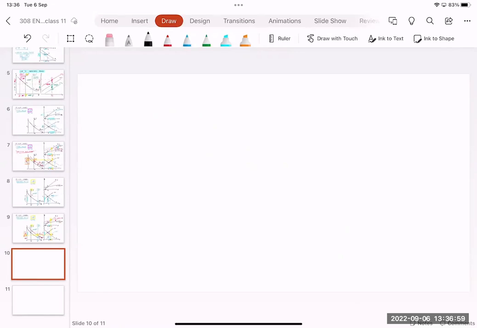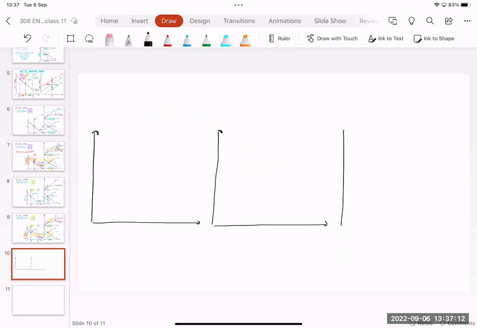Okay, so compare three cases together. We're gonna draw three graphs, 1, 2, and 3. Y on the horizontal and R on the vertical.